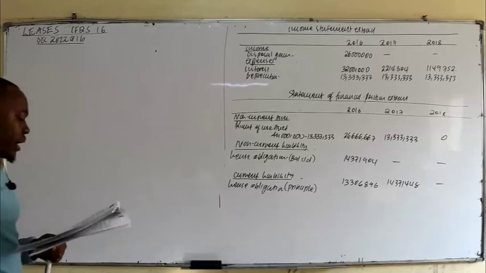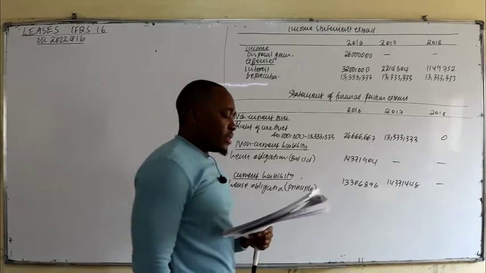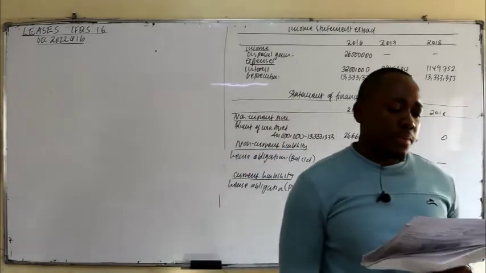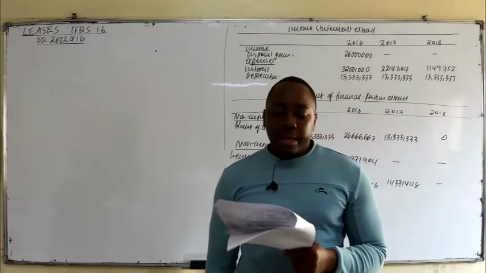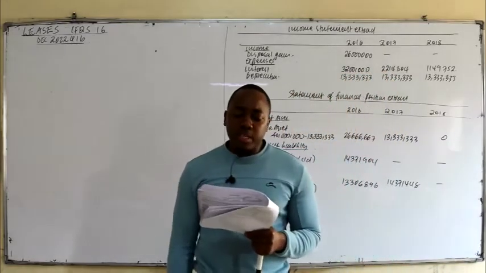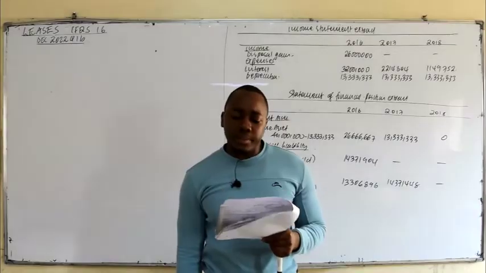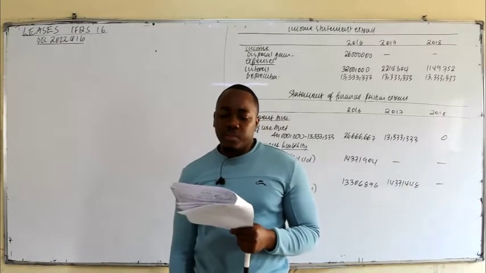Now, 1A, you are to do that. In the context of IAS 16, property, plant, and equipment, 1. Explain how the initial cost of property, plant, and equipment should be measured and the treatment of subsequent expenditure.